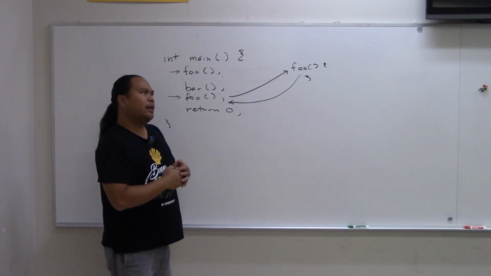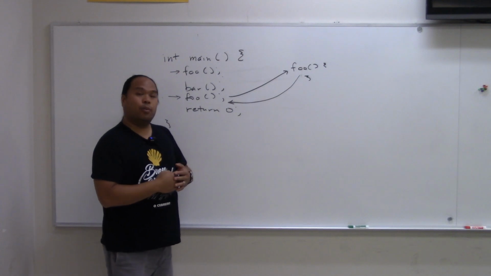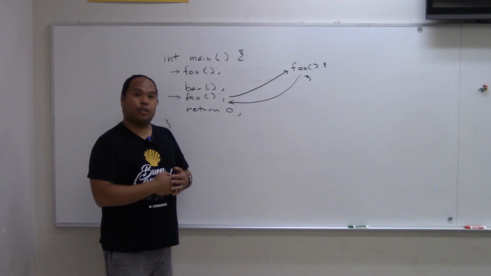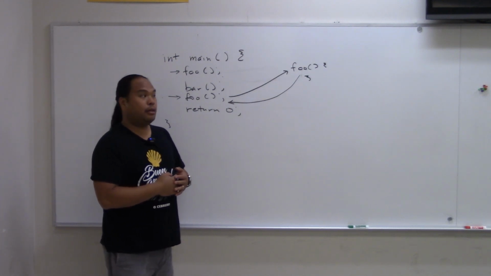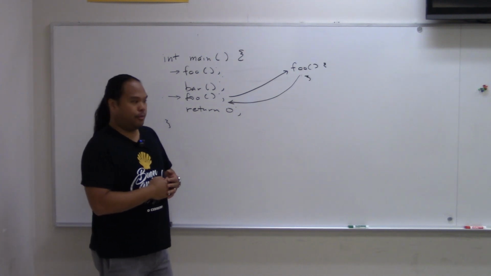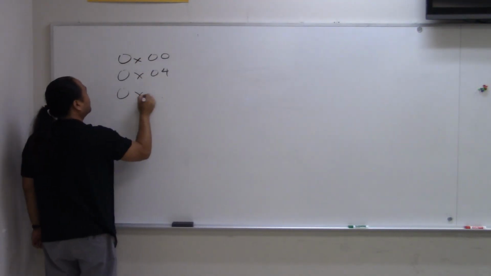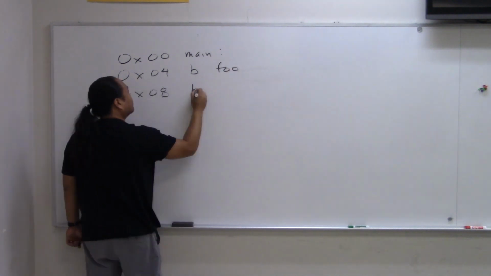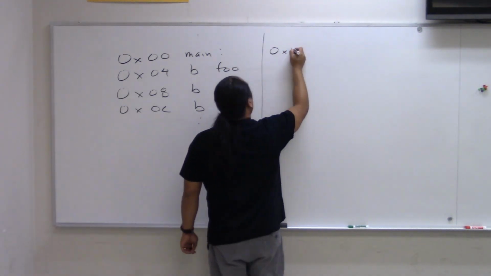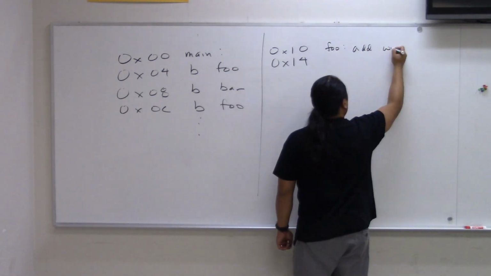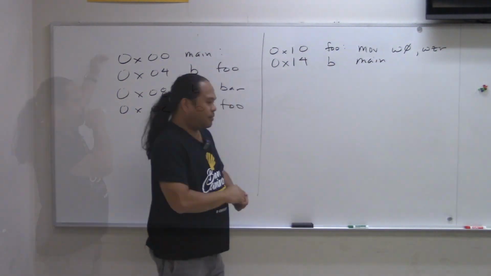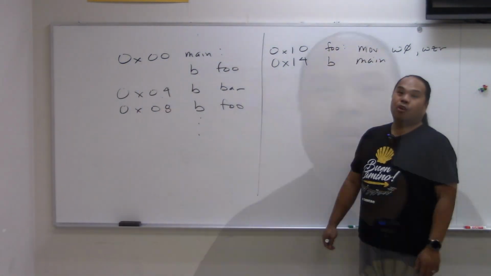Let me illustrate now an example where we attempt to implement a function, or at least what we believe to be a function, at the assembly level. All right, people.